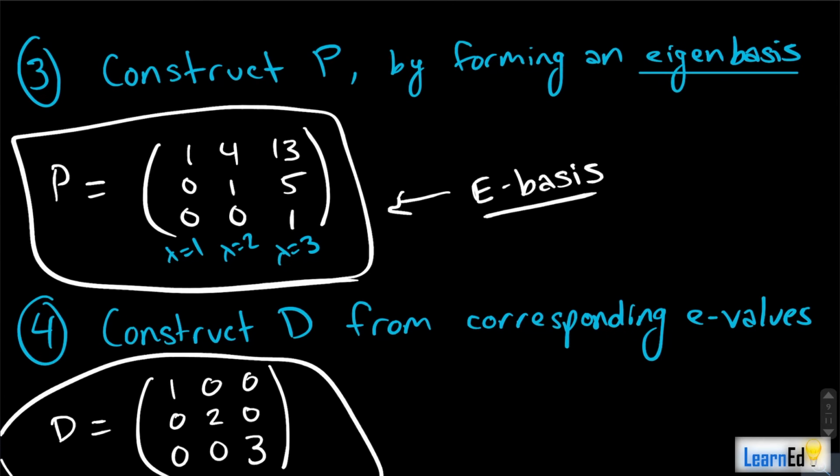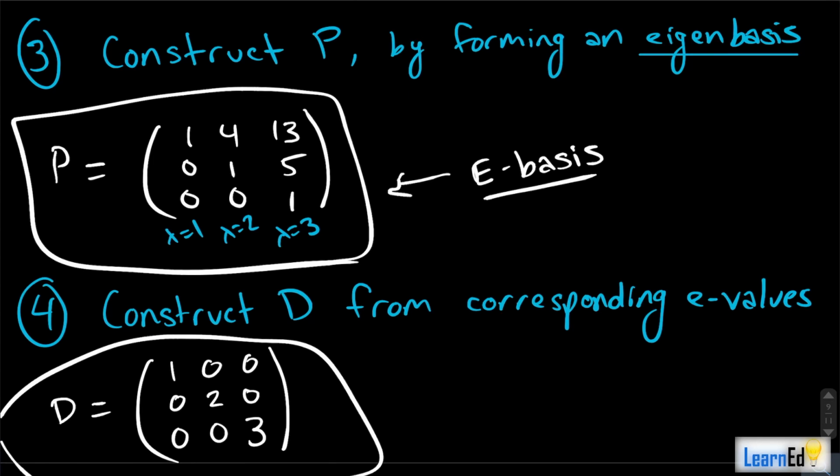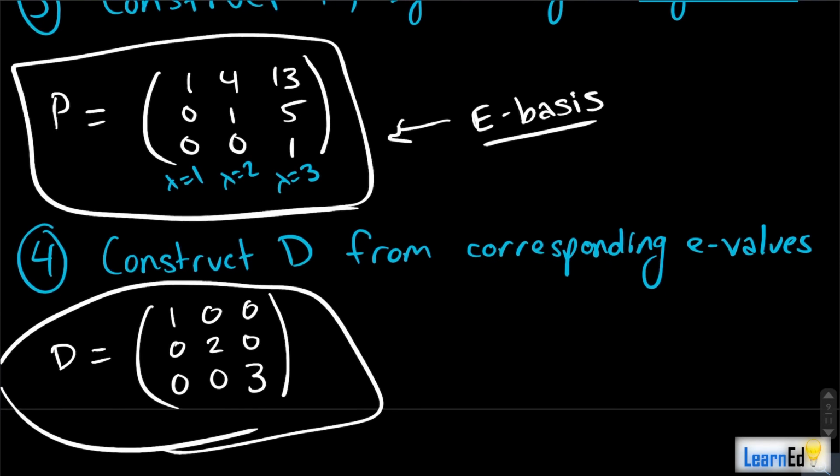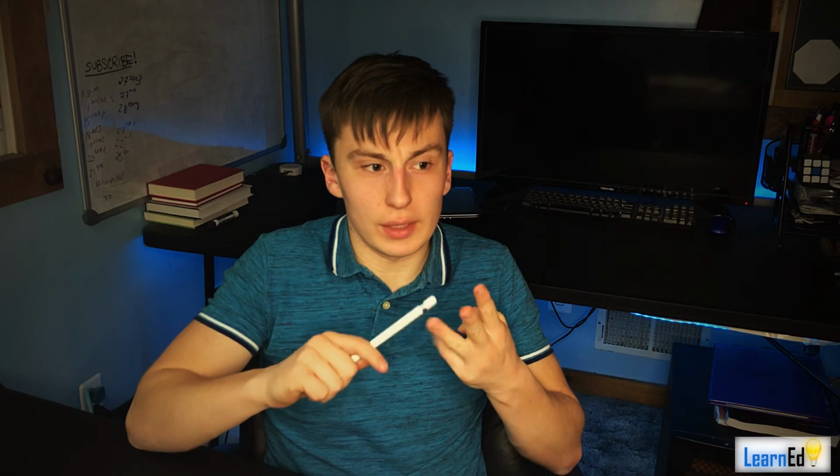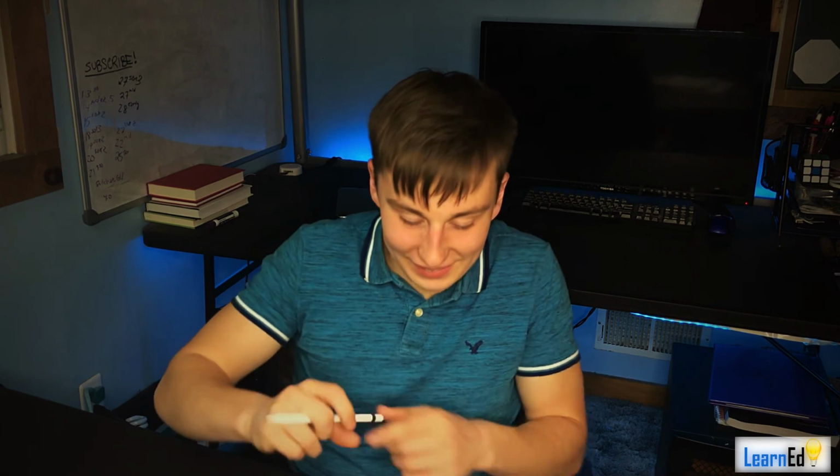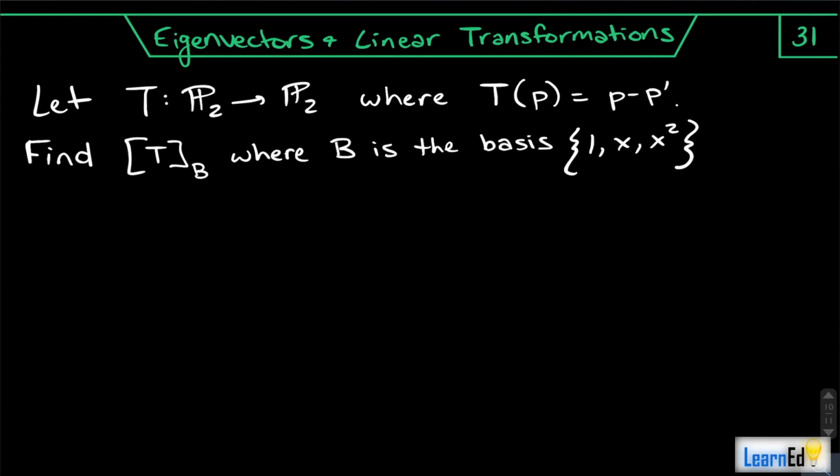Okay? So I think I falsely mentioned in the beginning of this video that there were going to be 8 problems. There's actually going to be 6, I believe. Yeah, 26, 27, 28, 29, 30, 31. Yeah, 6. So you get a break, I guess, right? So our last problem, problem 31, is on eigenvectors and linear transformations.